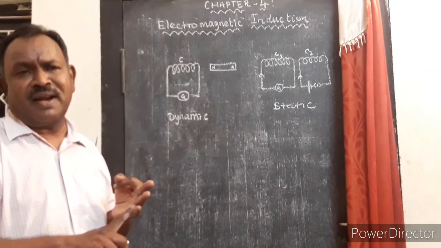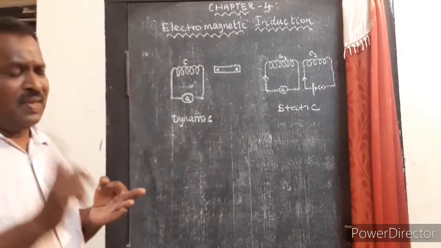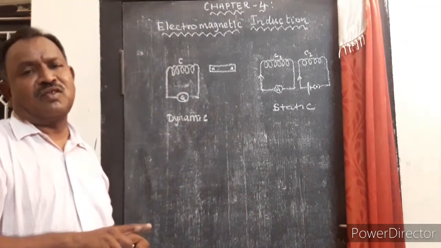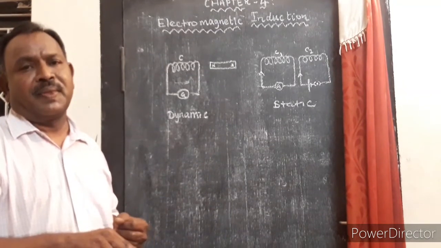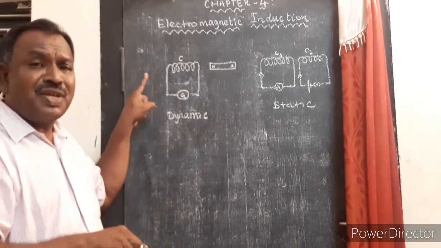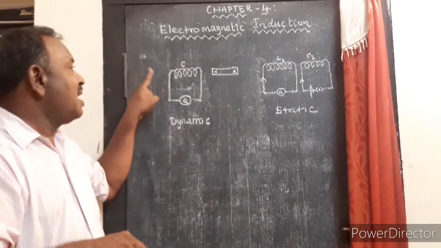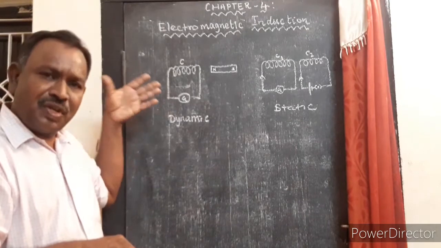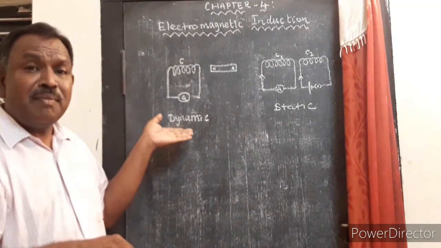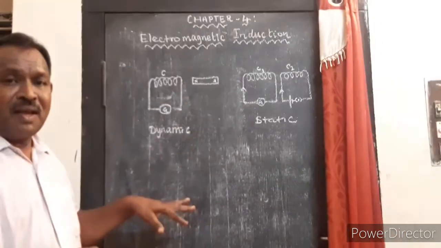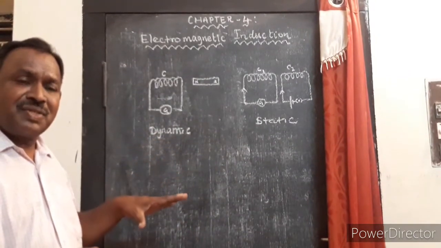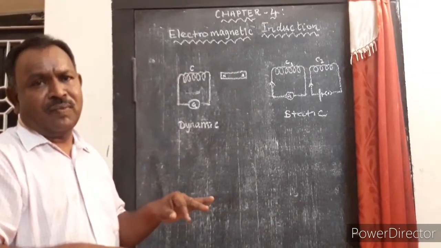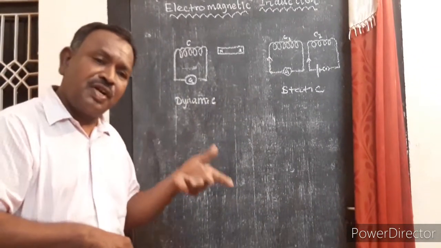So what are the Faraday's laws of electromagnetic induction? It is an answer to 3 questions. We have 2 laws of electromagnetic induction. First law: whenever there is change in the magnetic flux linked with an electrical circuit, an EMF is induced. The induced EMF will last as long as the change in the magnetic flux continues.